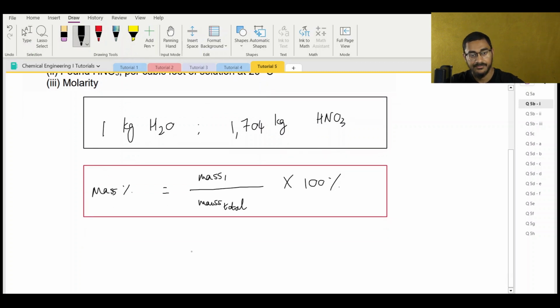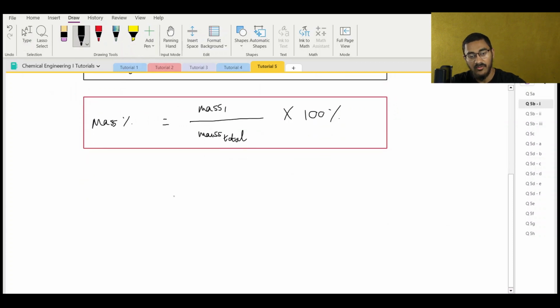All right. So they want to know, what is the mass percentage of nitric acid? My mass percentage of nitric acid is equal to the mass of nitric acid divided by the total mass, times 100%.